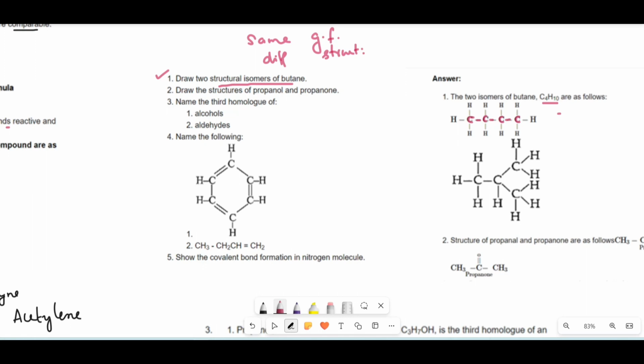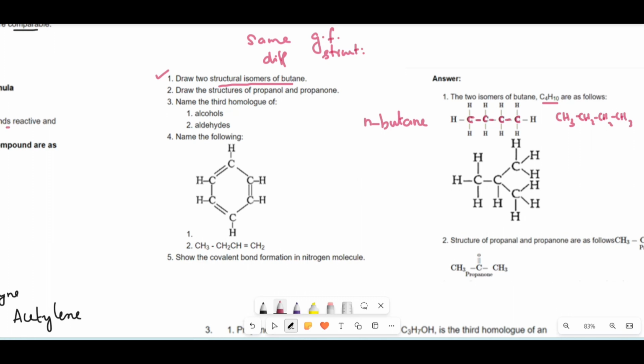So this will be written as CH3, CH2, CH2, CH3. All the carbon atoms and hydrogen atoms are written in a straight chain manner. We call this normal butane or n-butane. This is the first structural isomer of butane.